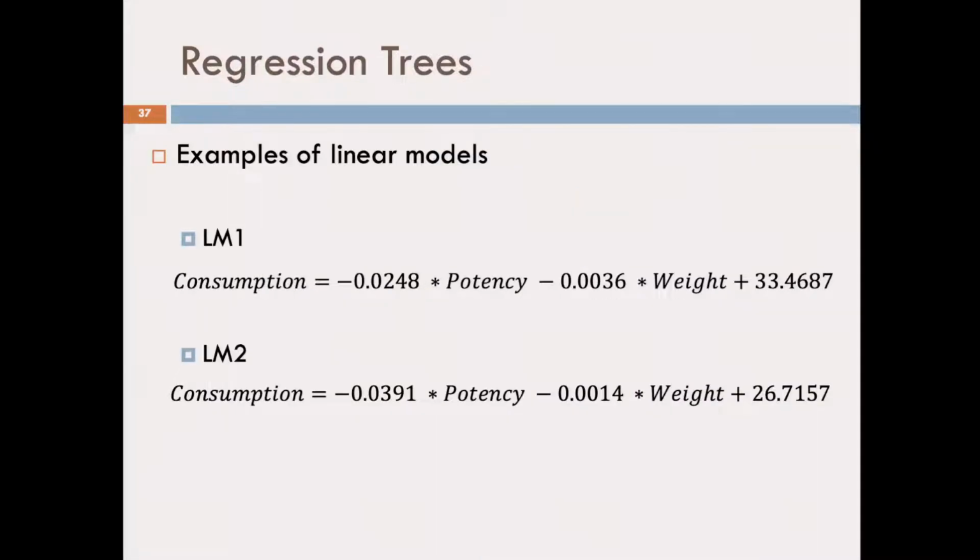See? In each leaf, we can have a linear model just like that. So these linear models will be in the terminal leaves of the tree. Yeah, in the leaves. There are no terminal leaves.